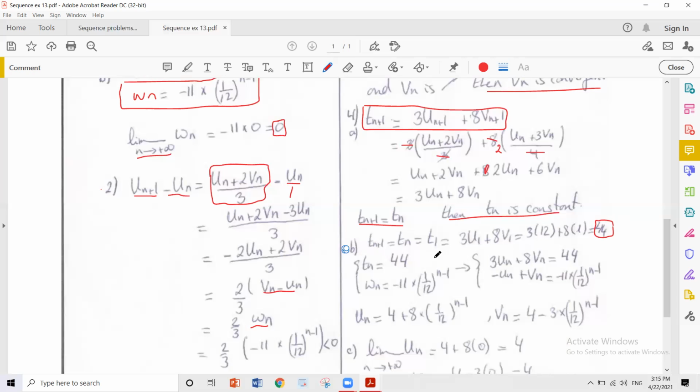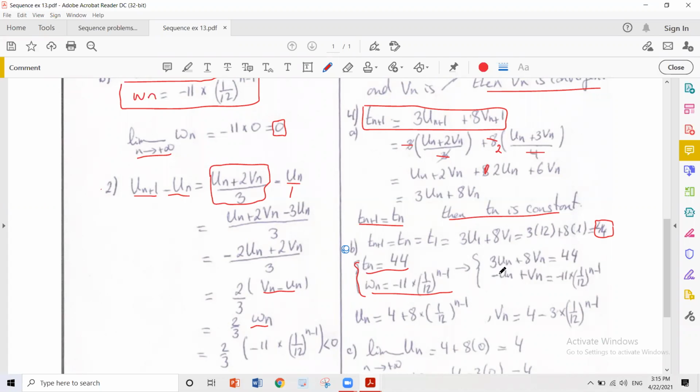Then we make an equation of two unknowns. Tn equals 44 and Wn equals minus 11 times 1 over 12 to the power n minus 1. This is a system of two equations. Tn is 3Un plus 8Vn equal 44. Wn is minus Un plus Vn equal minus 11 times 1 over 12 to the power n minus 1.